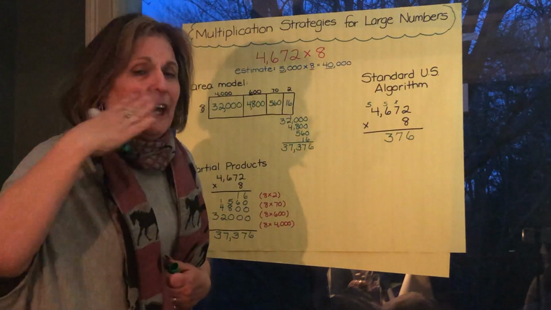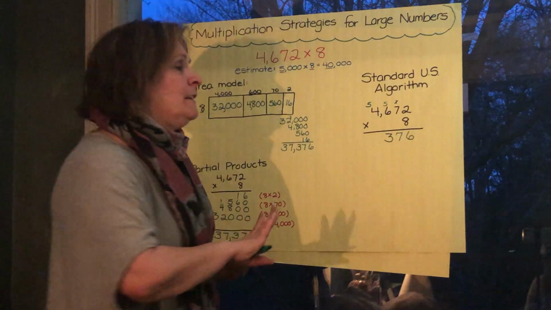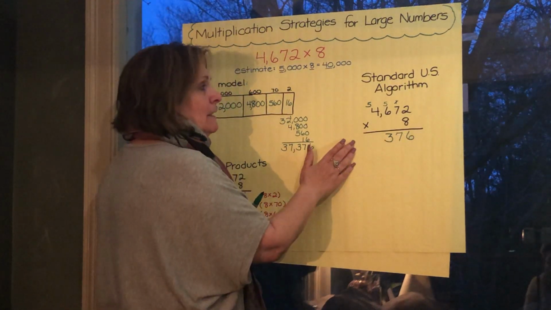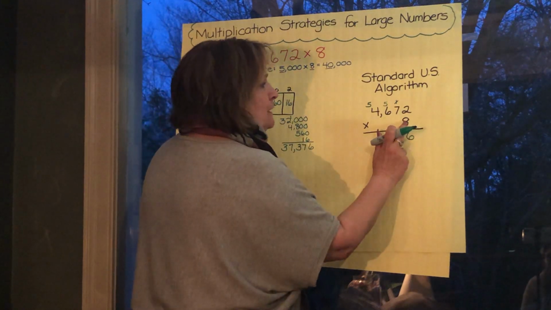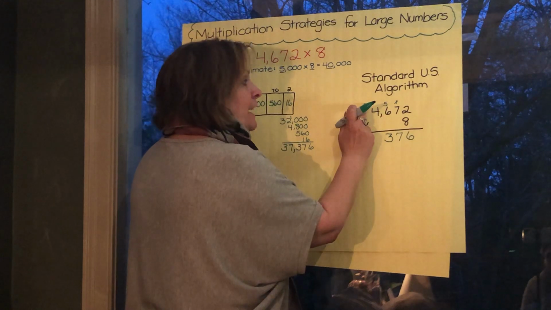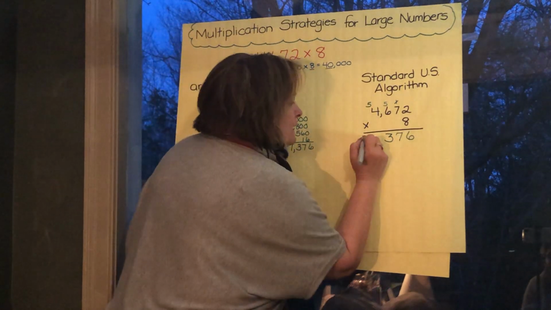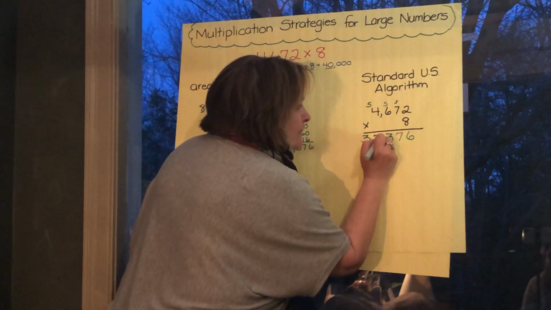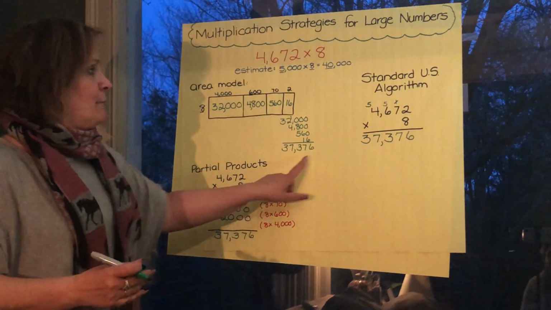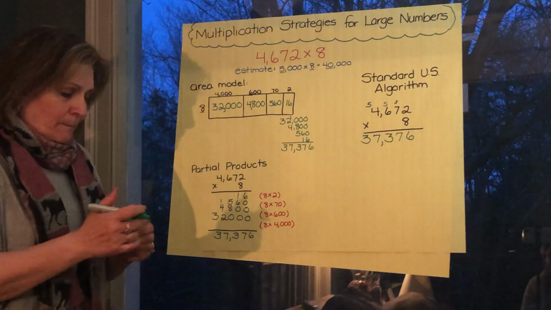Again, we know in our head it's 8 times 4,000, but our place value is being kept by how we're writing the numbers down here. 8 times 4 is 32, plus 5 more is 37. We go back in and put in our commas, and you'll notice that we get the same numbers.